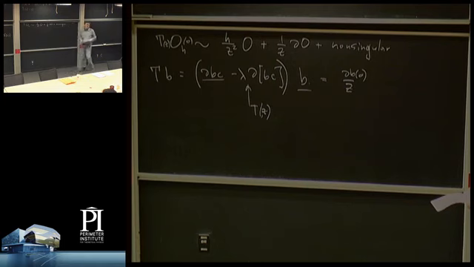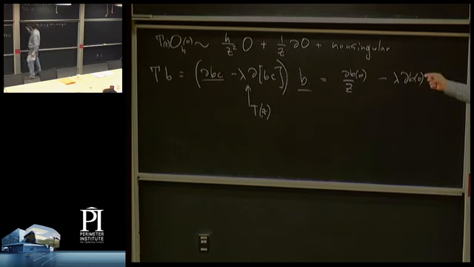Does everybody understand the indices here? By writing this, I'm assuming that I'm inserting the operator at 0, this one I insert at z, and so that's the difference. But of course, in general, I could put z1, z2, and the generalization is obvious. Okay, so let's go ahead.